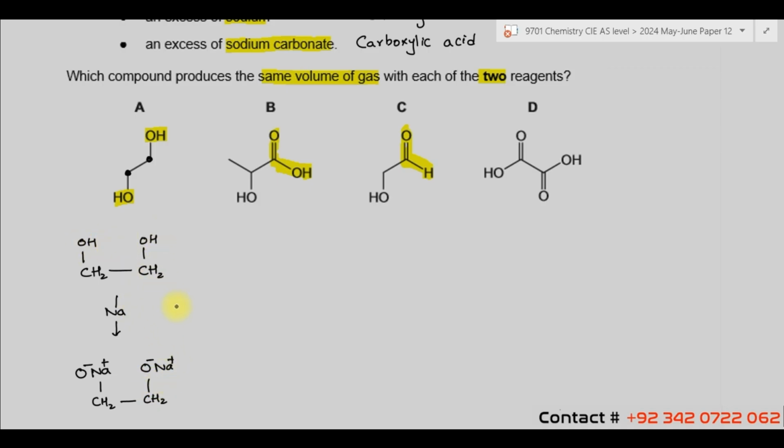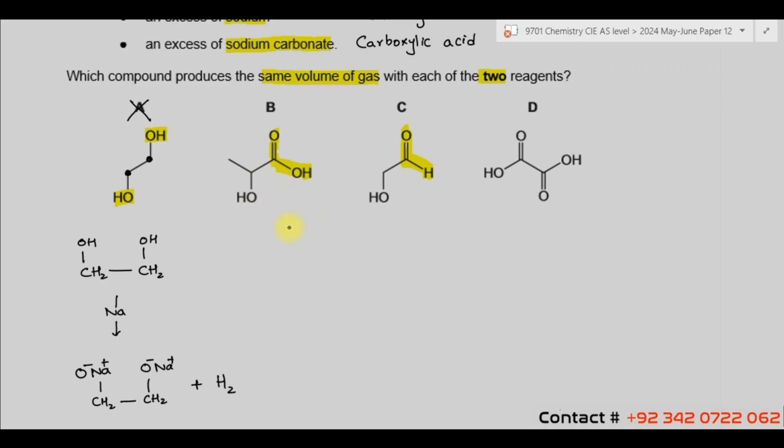Two hydrogen atoms are removed, so 1 mole of H2 is formed. Second thing is sodium carbonate. Sodium carbonate cannot react with alcohol, so no gas will be formed. So we have 1 mole of hydrogen with one and we have 0 moles with other, so A is wrong.